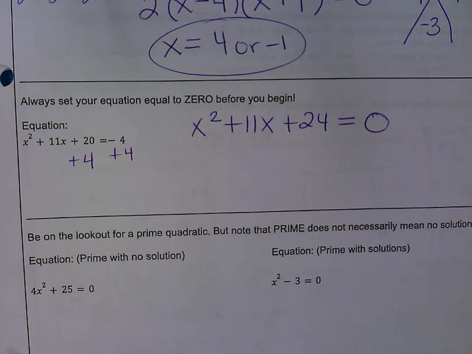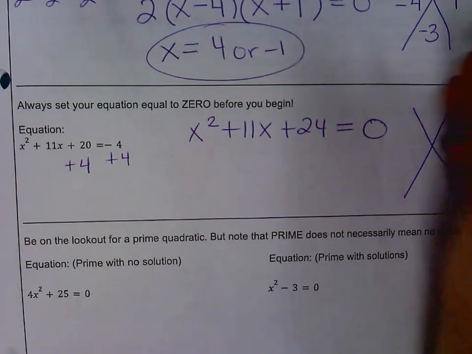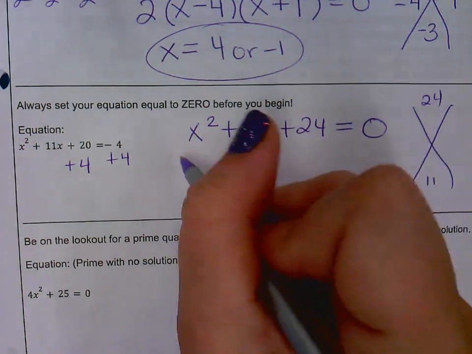Can you try that one by the diamond method? I'm looking for factors of 24 that add to 11.